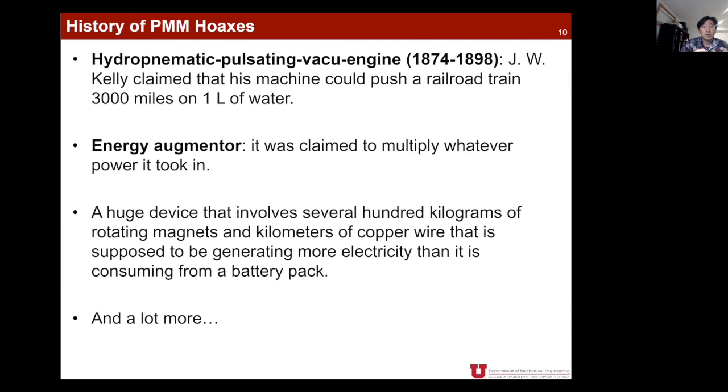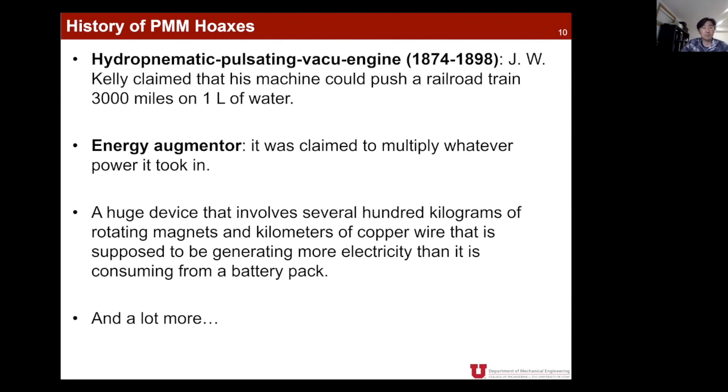Just imagine that you are an evaluator, and somebody comes to you because you are mechanical engineers. They say they just invented a huge device that involves several hundred kilograms of rotating magnets and kilometers of copper wire that is supposed to be generating more electricity than it is consuming from a battery pack.